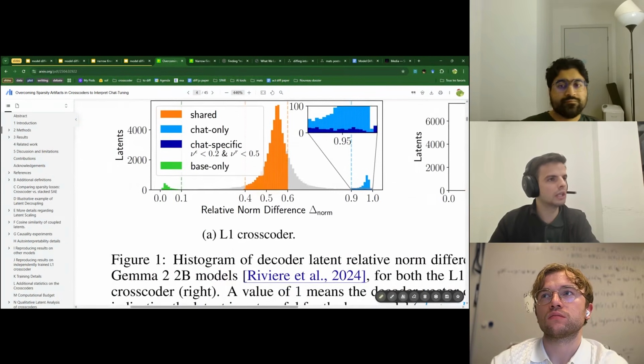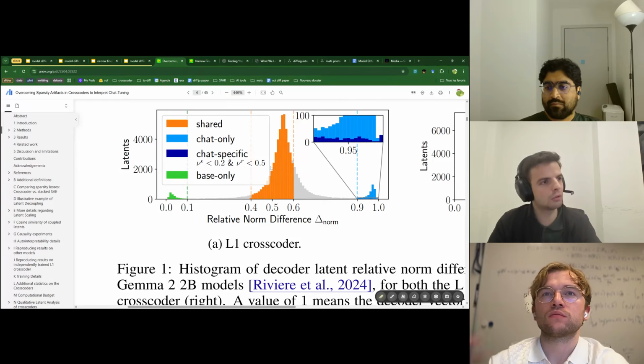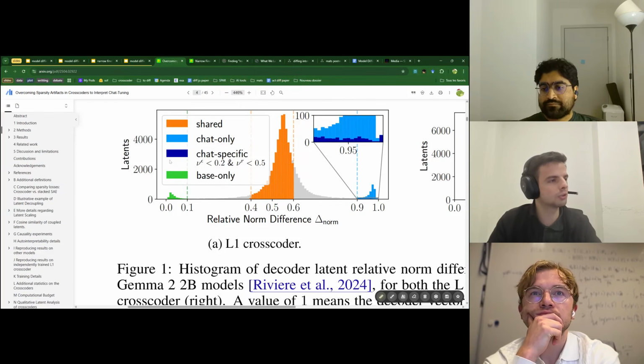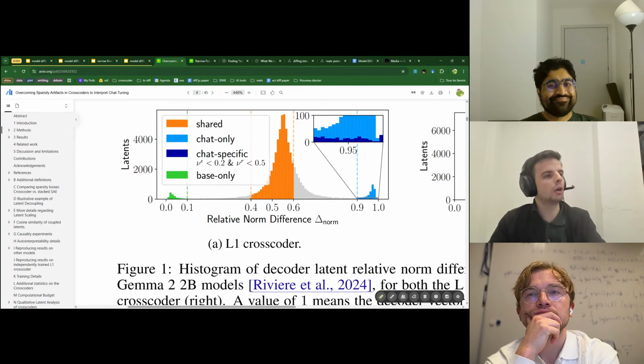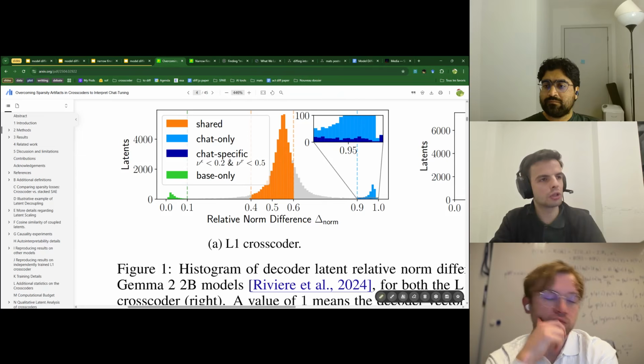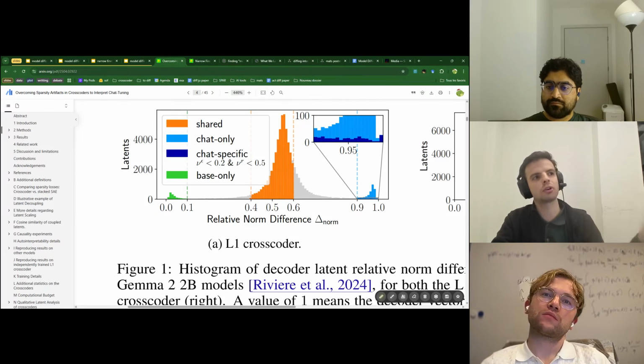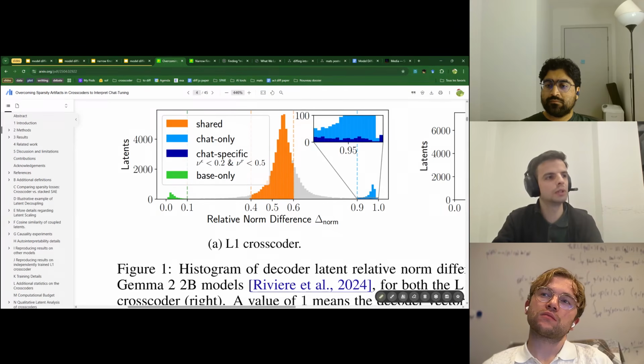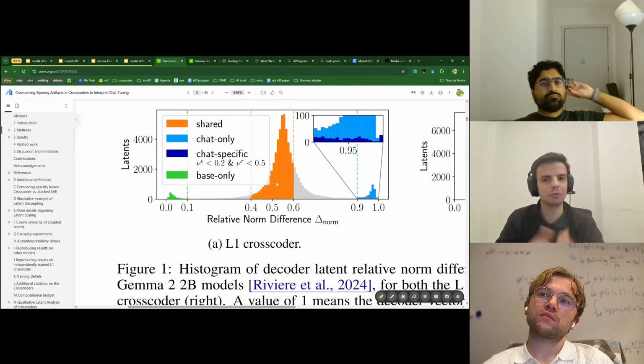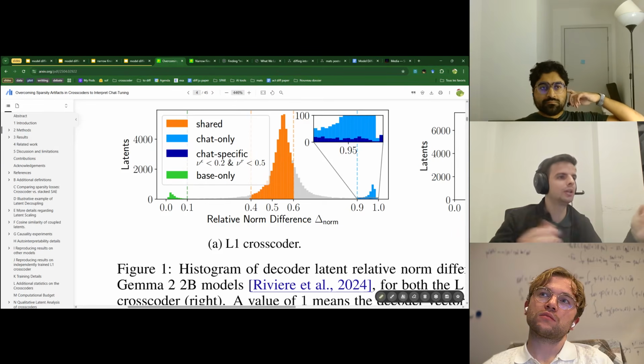This graph kind of shows what we have. For now, just ignore the dark blue. When you train the crosscoders, we have this metric called the relative norm difference, which is 1 if a concept has a 0 norm in the base model decoder, and is 0 if a concept has a 0 norm in the chat model decoder. If you train your crosscoder and look at this metric, a lot of concepts are shared, which you would expect because the models are so similar.